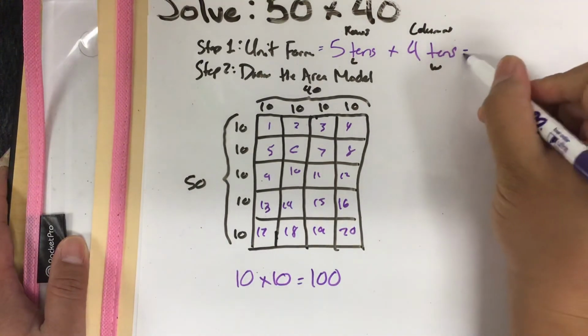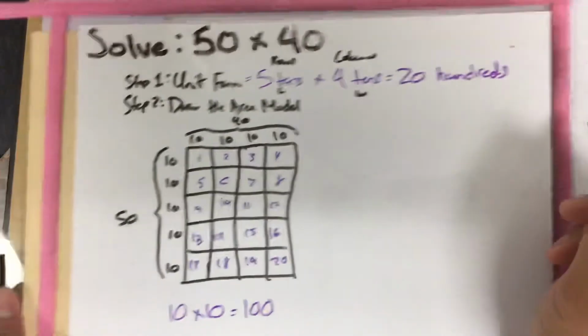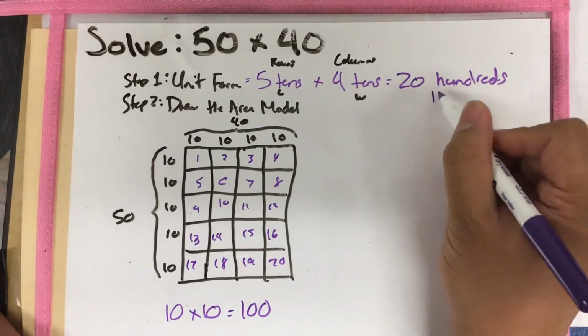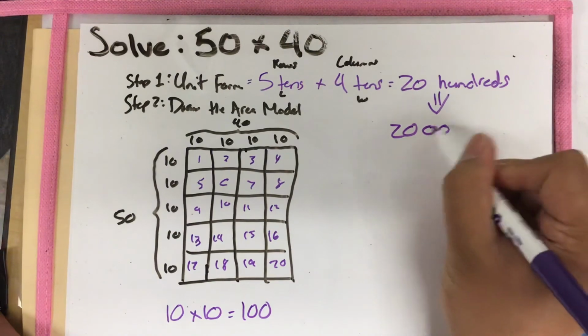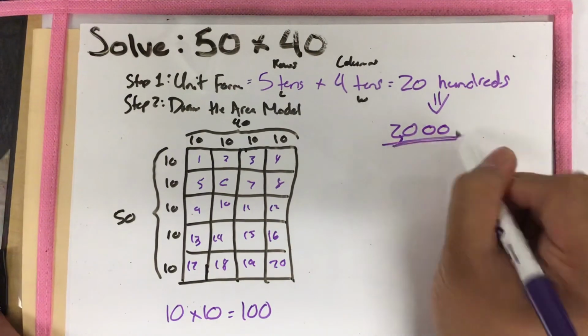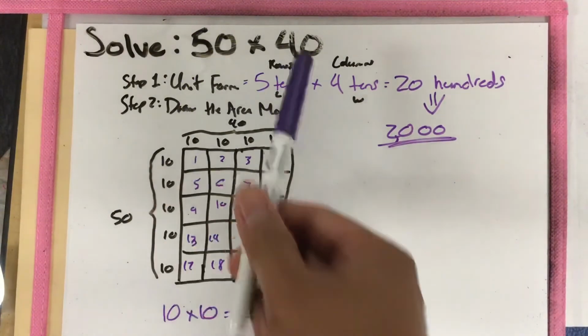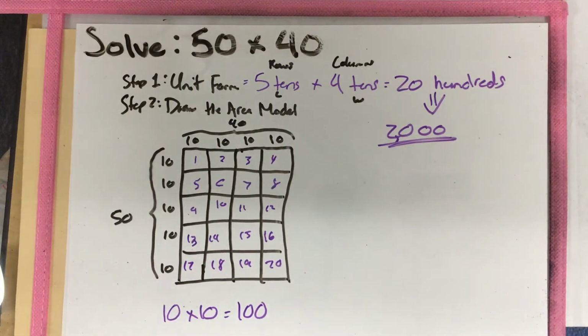So 20 hundreds is going to be our answer, but we can write that another way. 20 hundreds is actually equal to 2000. That's how we solve 2-digit by 2-digit multiplication when it's a multiple of 10 using an area model.